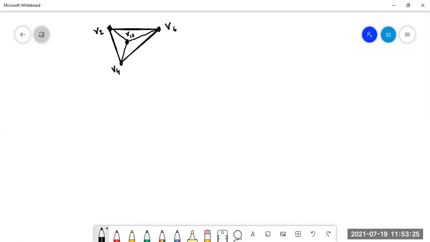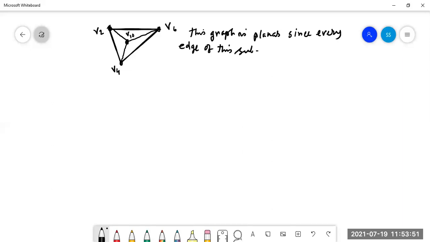So G1 reduces to this. Now this graph is planar, since every edge of this subgraph is drawn without any crossover.